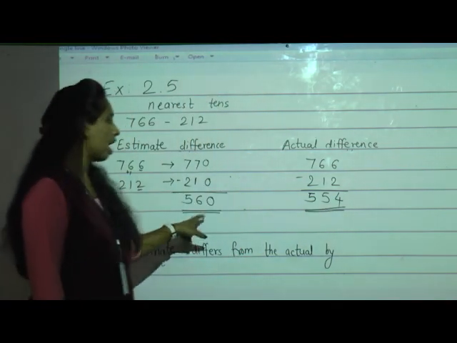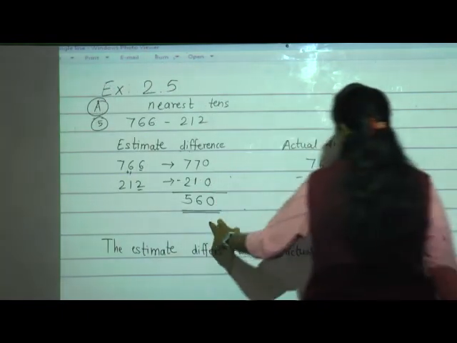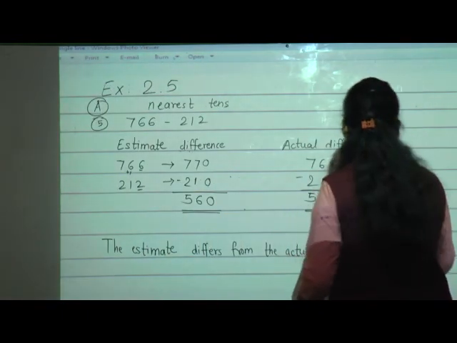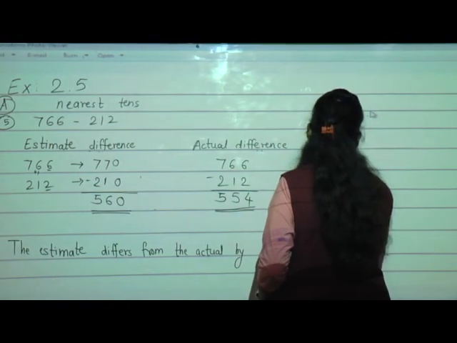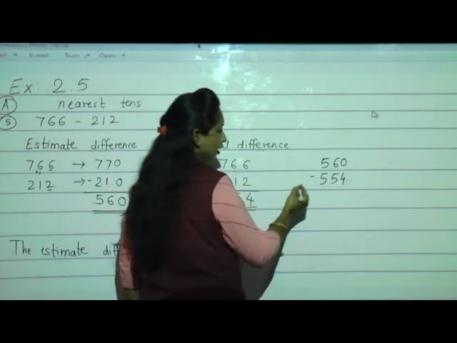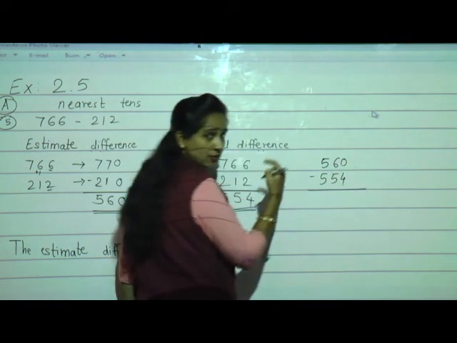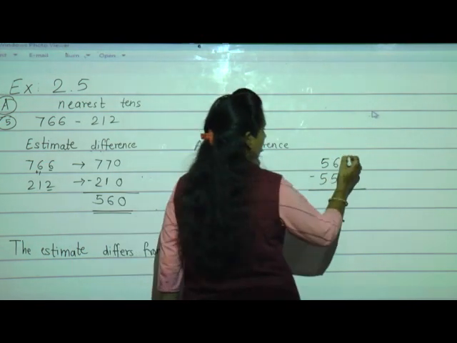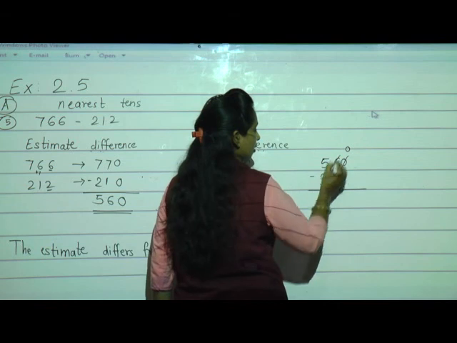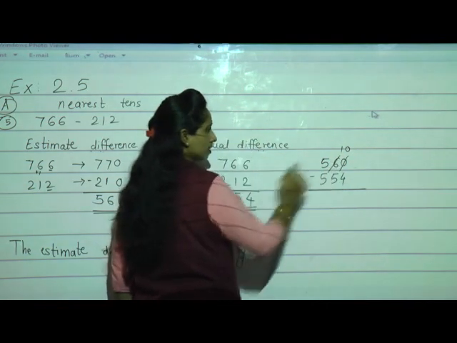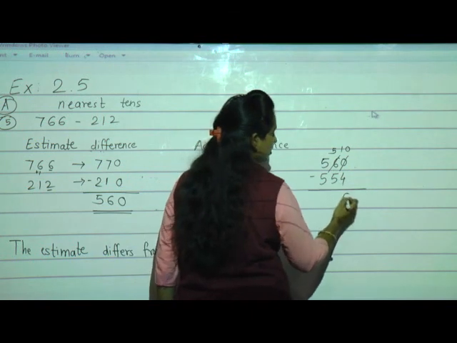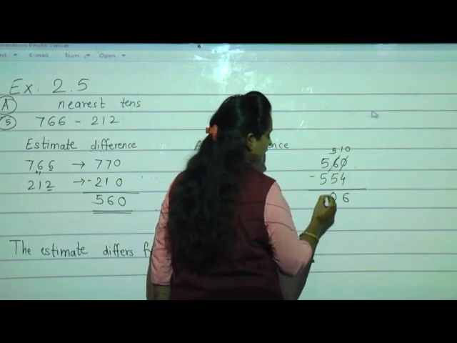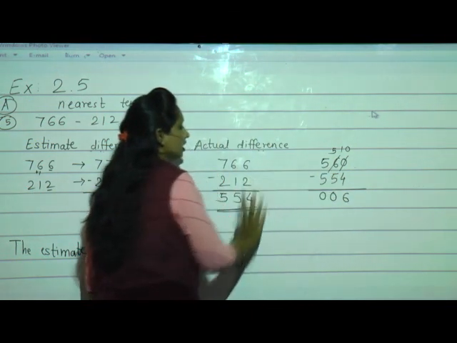Now we will see how much difference is there between the estimate difference and the actual difference. So 560 minus 554. Okay. Now 0 minus 4 can be? We cannot. So cut the 0, write as it is, take borrow from neighbor. Neighbor is having 6. He will give 1, 5 will remain. 10 minus 4 is 6. 5 minus 5, 0 and 0. 5 minus 5, 0.